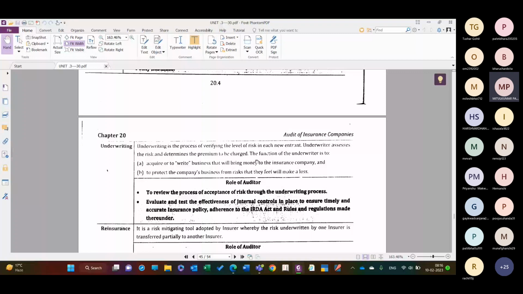The function of the underwriter is to acquire or to write the business that will bring money to the insurance company, and to protect the company's business from the risk that they may feel will make a loss. So underwriting is a process of verifying the level of risk in each new entrant. The underwriter assesses the risk and determines the premium to be charged.